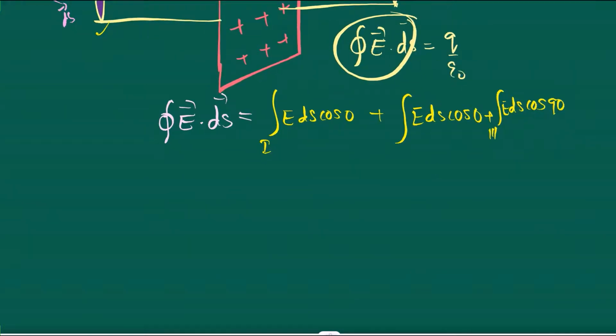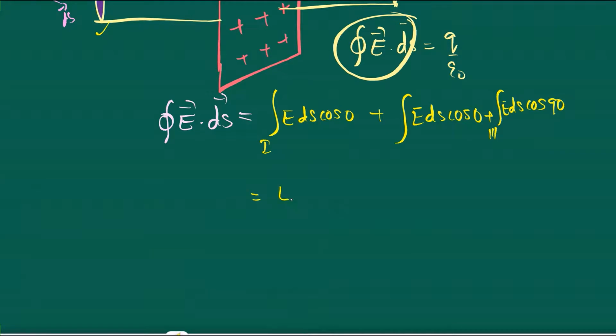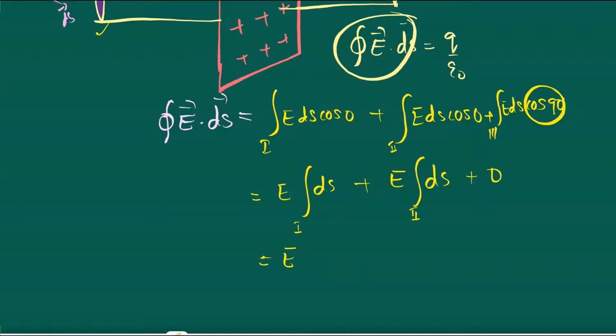Now we simplify this and we get E integral dS over region 1, since cos 0 is 1, and here also E integral dS over region 2, and for region 3, cos 90 becomes 0.